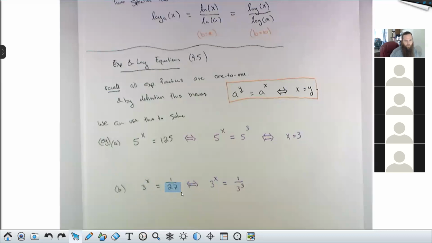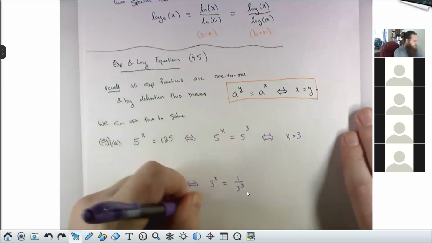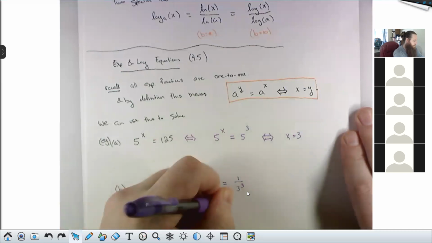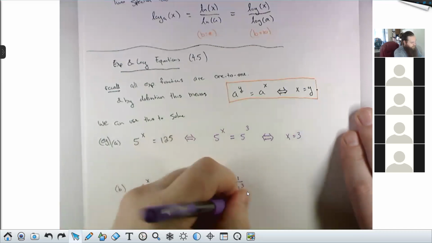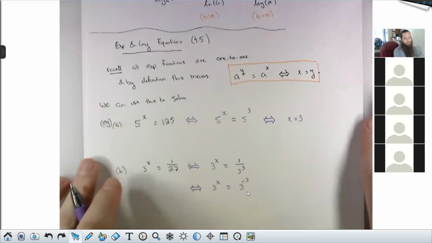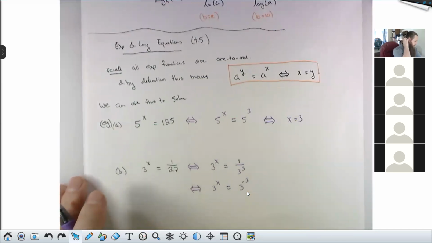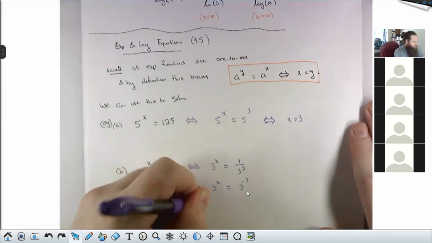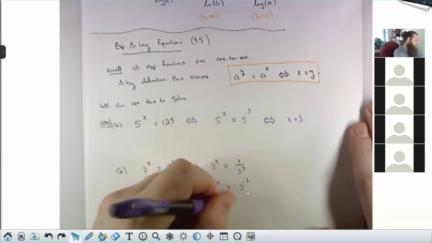So 27 is 3 to the 3. Now on the right-hand side, I rewrite 1 over 3 cubed as 3 to the negative 3, by the rules for exponents. And finally, by the orange box statement, this is equivalent to saying x is equal to negative 3.